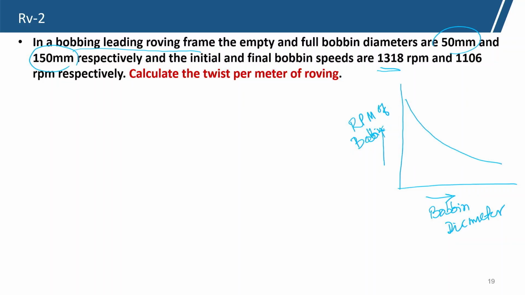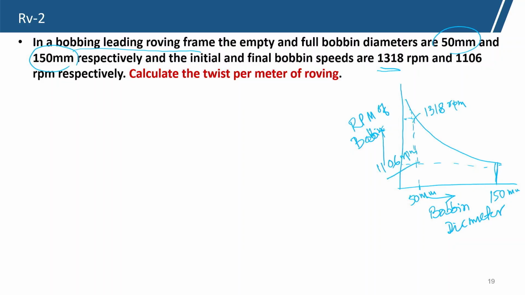In this profile 2 points are given, the point 1 which is bobbin diameter 50 mm, that is initial diameter 50 mm, and where the speed is 1318 rpm, and the full bobbin diameter is 150 mm, and the speed has dropped to 1106 rpm.